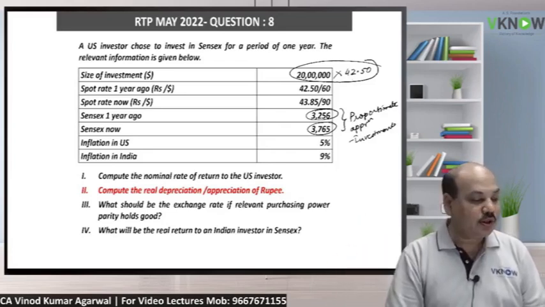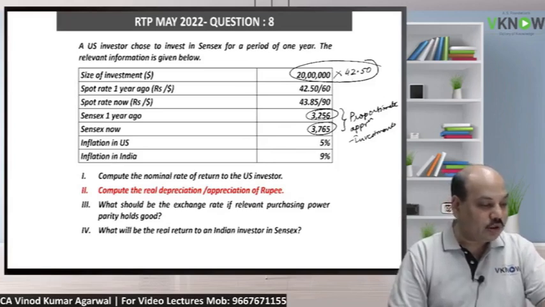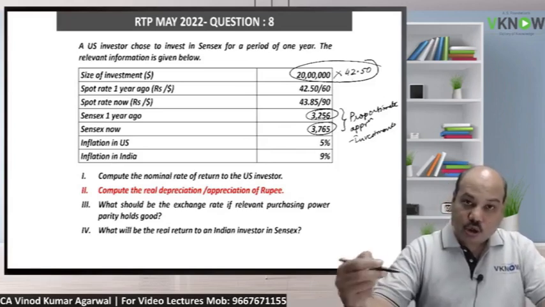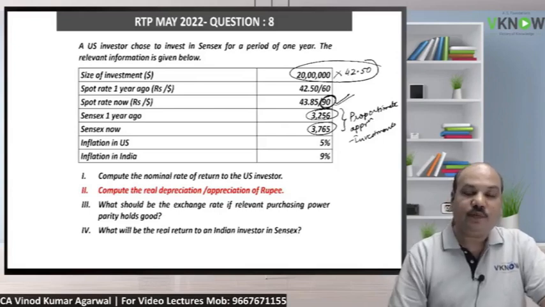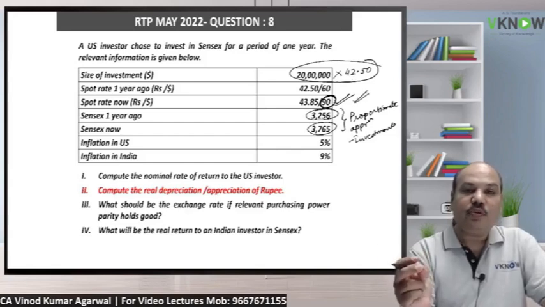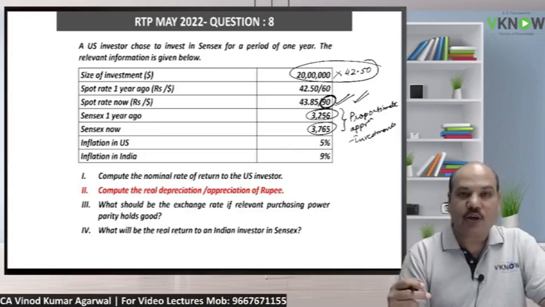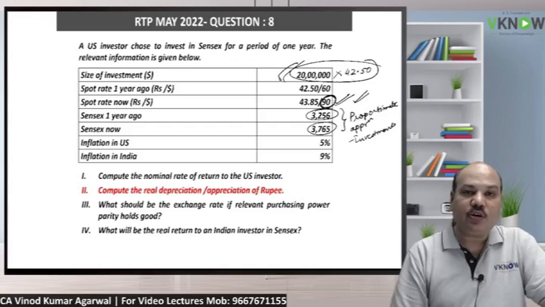and then he will take that rupee back to his country. So we'll have to convert into dollar now. He will convert rupee into dollar after 1 year. Bank will sell him dollar at this rate. We will be able to calculate what is the amount received in dollar after 1 year. Compare that with initial investment of 20 lakh dollar.